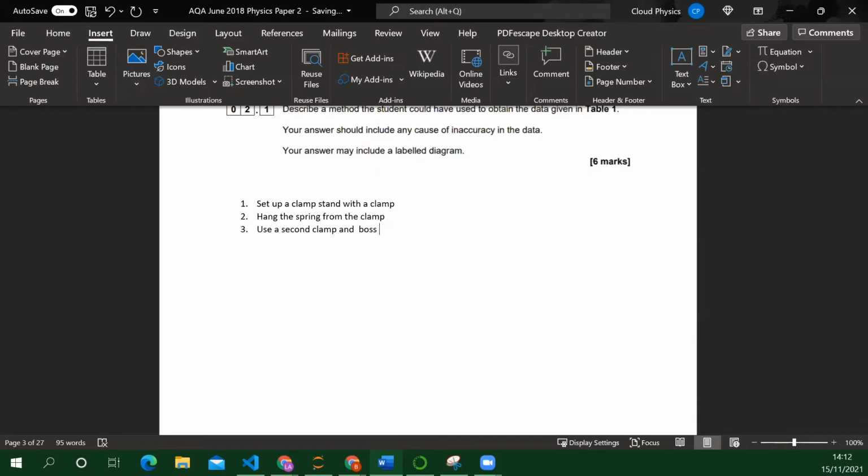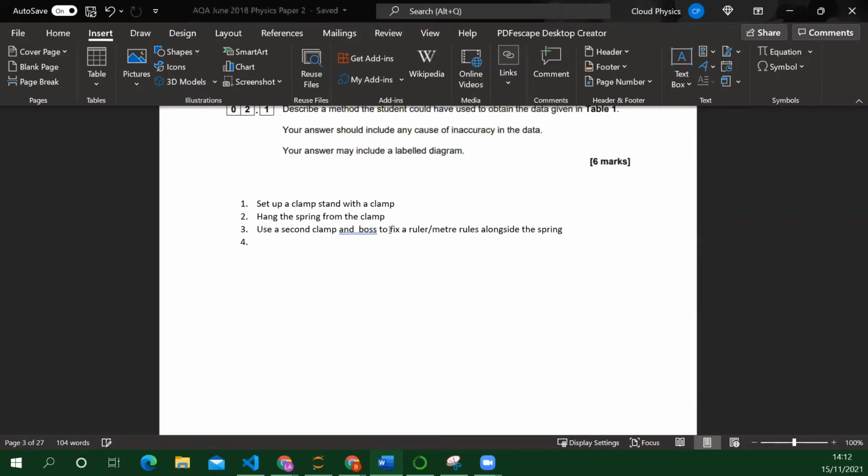If you've forgotten some equipment, you can look it up if you don't know what it is. Any way of measuring is fine here. Measure it.